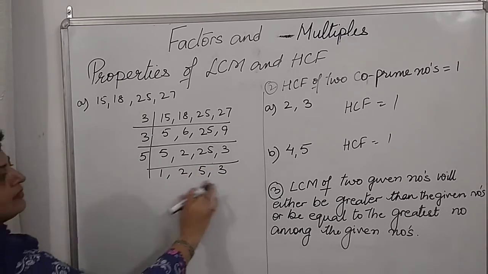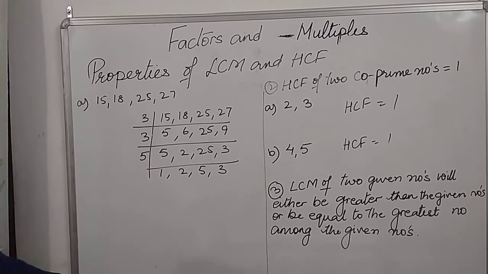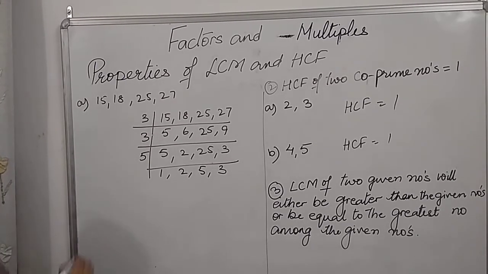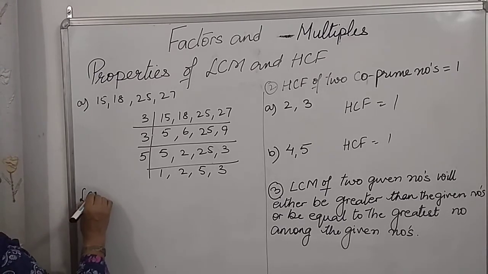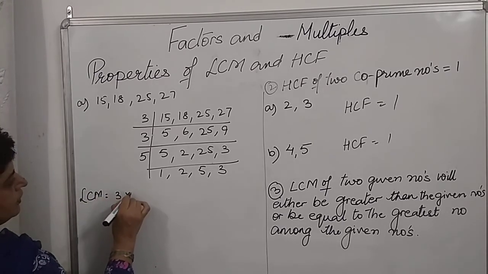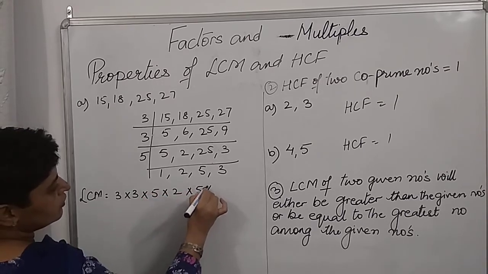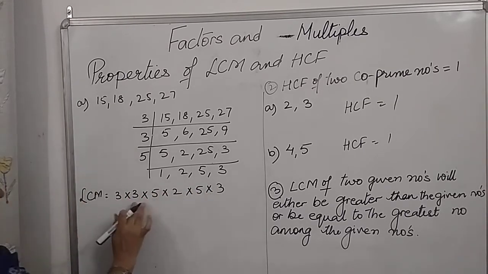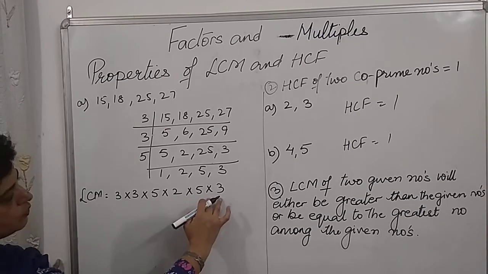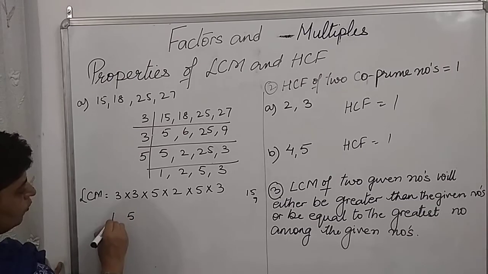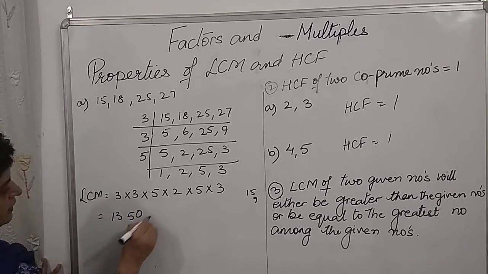And here all these numbers are prime numbers, so we need not solve it further because they do not come in any other common table. So LCM will be equal to 3 into 3, 5 into 2, 5 into 3, 9 into 10, 90, 90 into 15. 1350 is the answer.